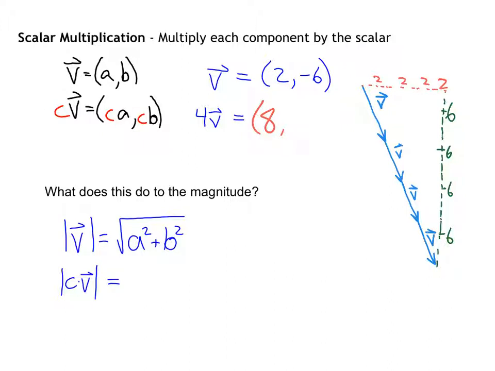So total, I went down 24, so negative 24. And that's why we see that if we're doing a multiple of a vector, we can simply multiply the components by whatever that constant is. So 4v is just 4 times 2, 8, and 4 times negative 6, negative 24.